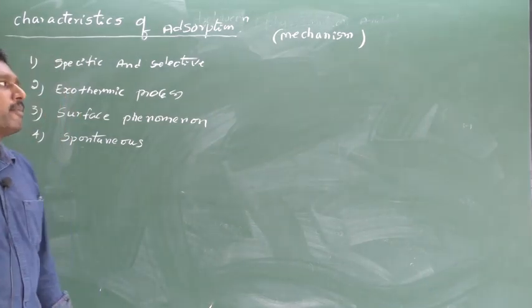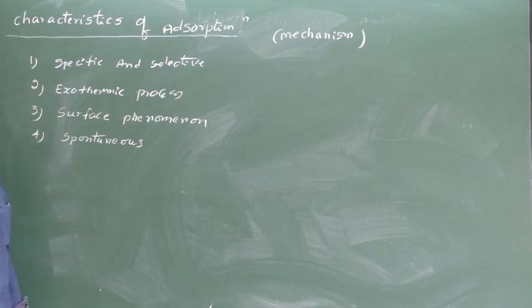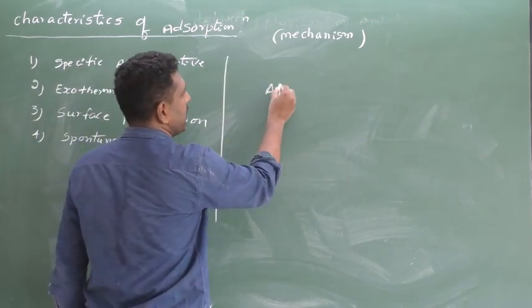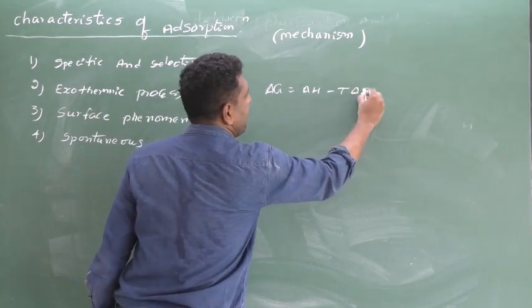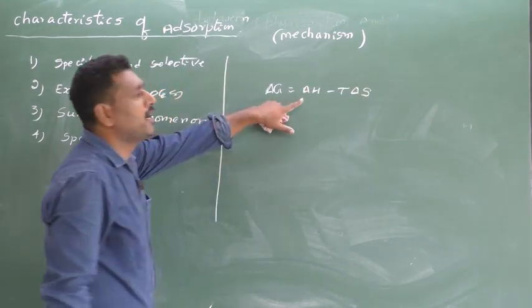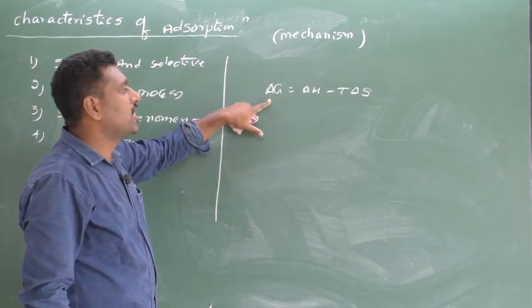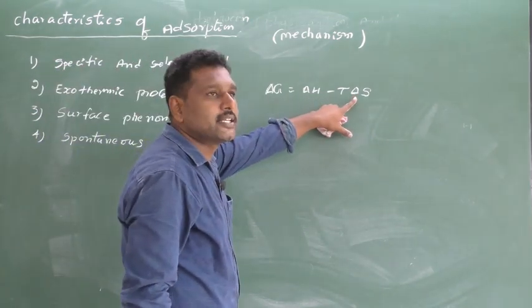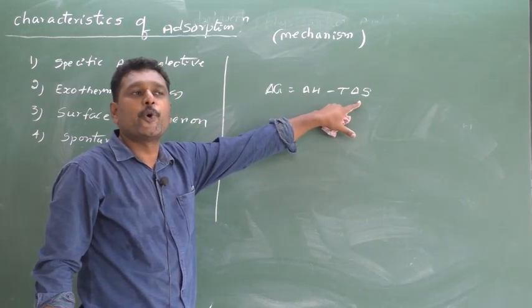You know the formula delta G equals delta H minus T delta S. Delta H is the change in enthalpy, delta G is the change in free energy, T is the absolute temperature, and delta S is entropy.